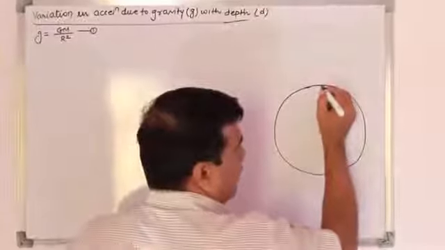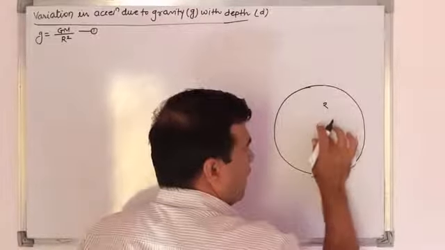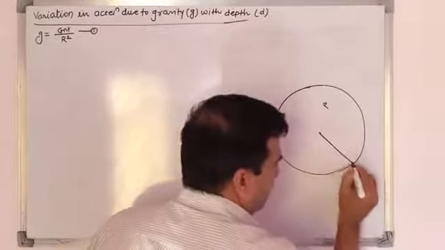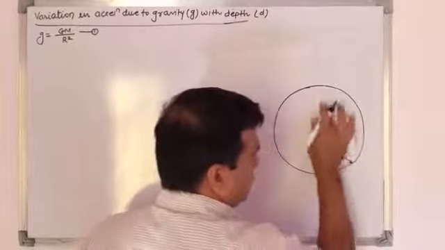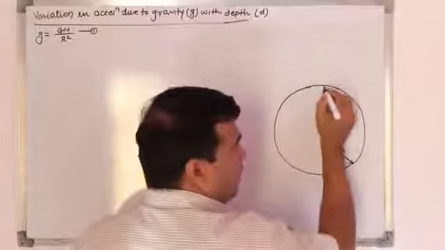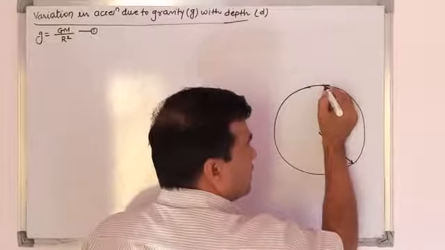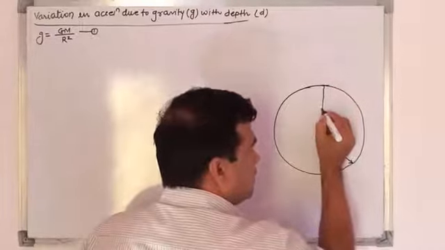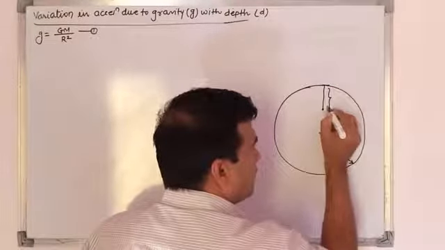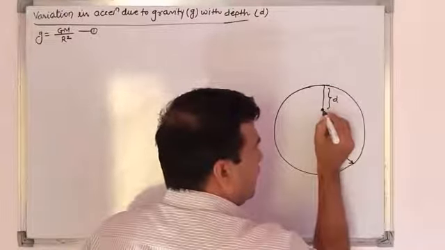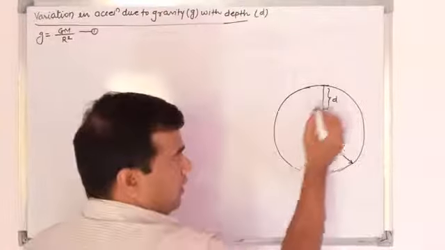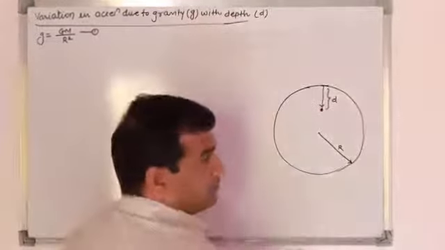So we draw this radius inside in this way. Now we come inside from the surface. Suppose this is depth d. Now we are here up to depth d.